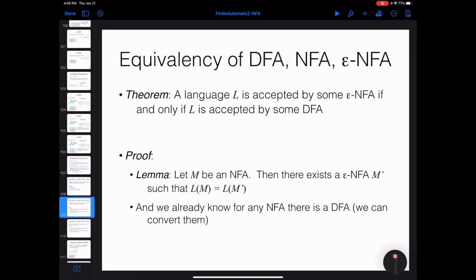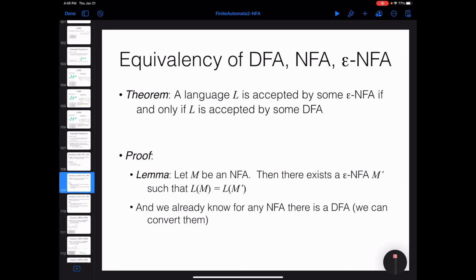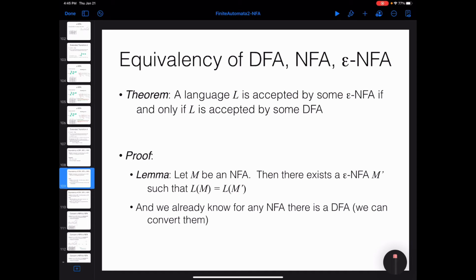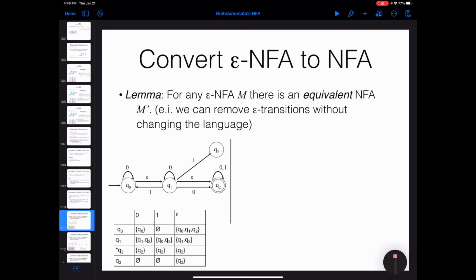Just like the way that I showed you how we can create an equivalent deterministic finite state machine from a non-deterministic one, I can show you how we can create an equivalent DFA for an epsilon NFA. Basically, the procedure for creating an equivalent DFA from the epsilon NFA is just like what we did for the NFA.